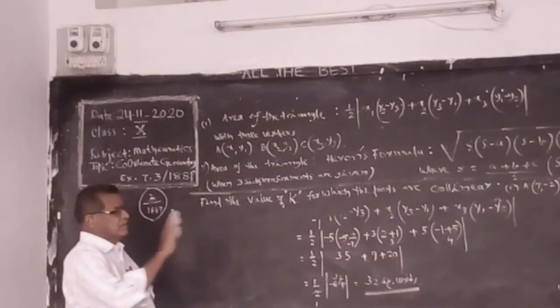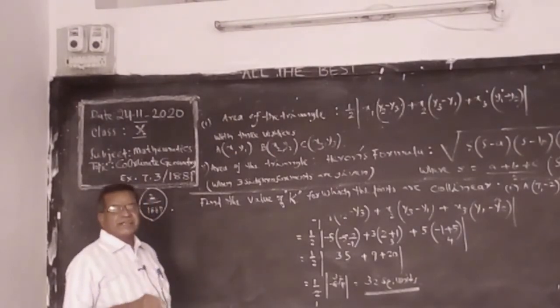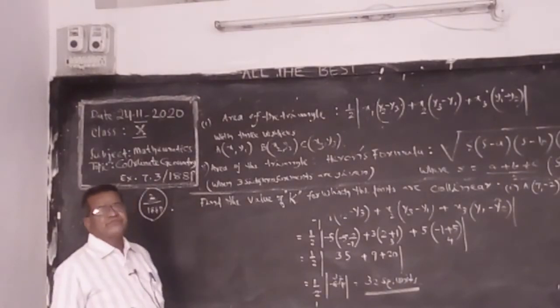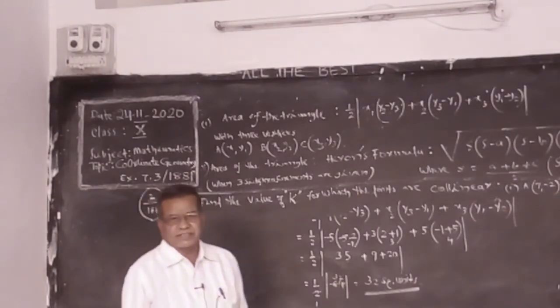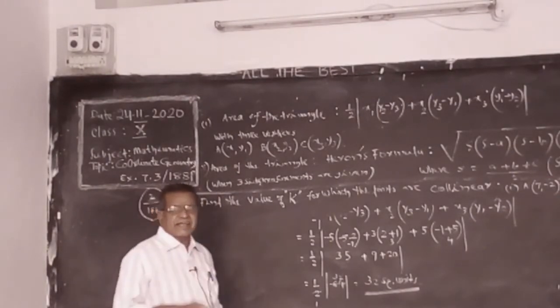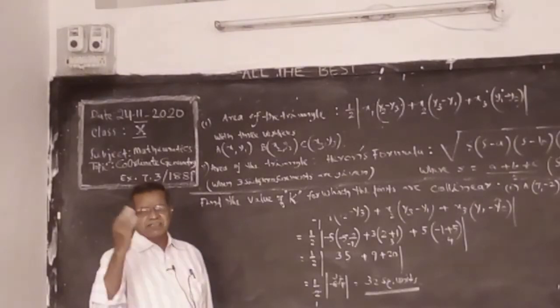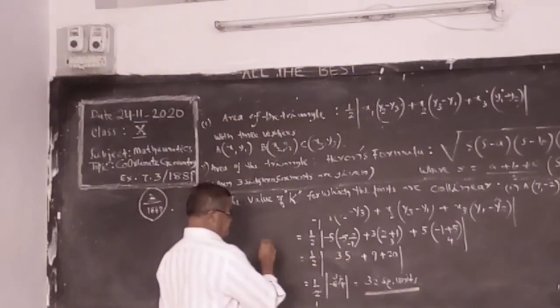All three points are lying on the same line. The area of the triangle is 0 because there is no existence of a triangle, only a simple straight line. That we have to write.